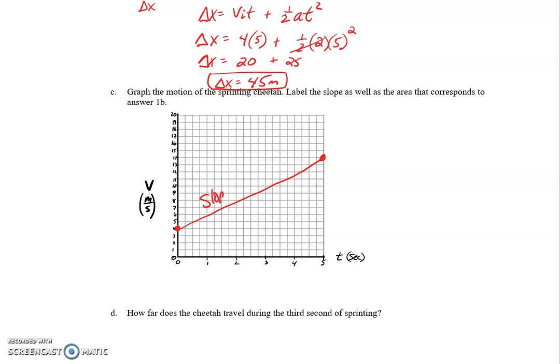So the slope here is our acceleration of 2 meters per second squared. The area underneath our graph, between the graph line and the x-axis, I should say, that's your 45 meters.